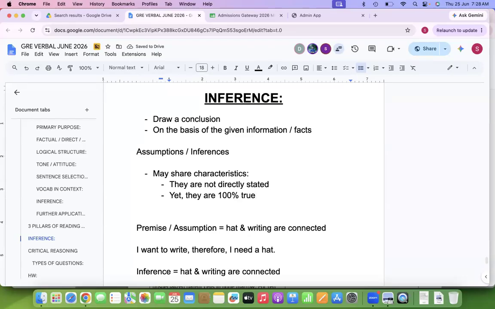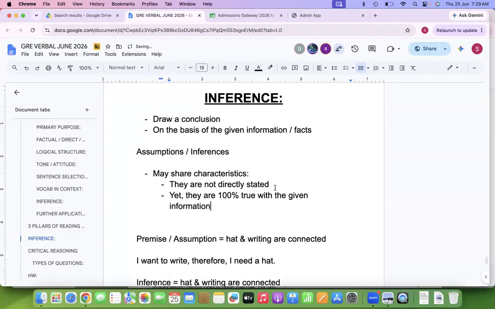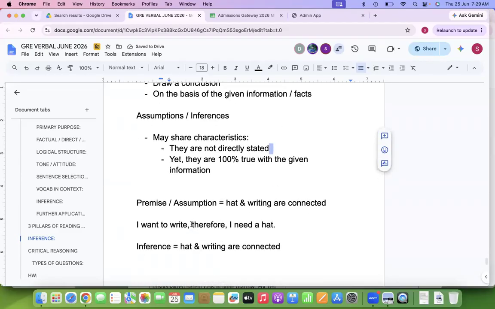But I'm saying no, they are 100% true, not necessarily in common sense, but they're 100% true with the given fact, with the given information. Because this is given, this has to be true. It's 100% true with this given information. I don't care what it means in common sense.